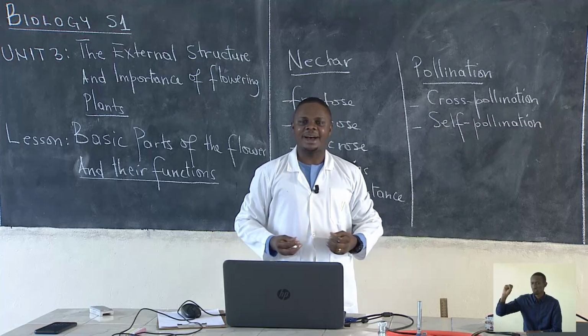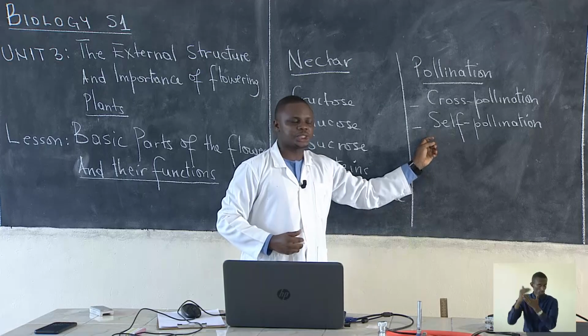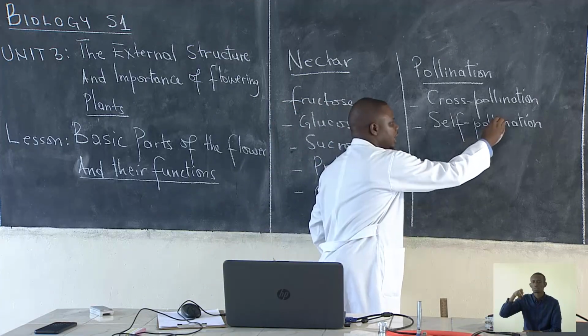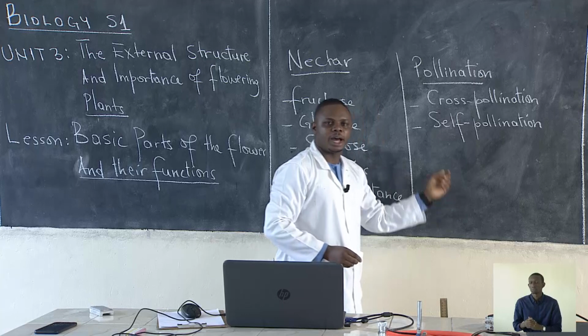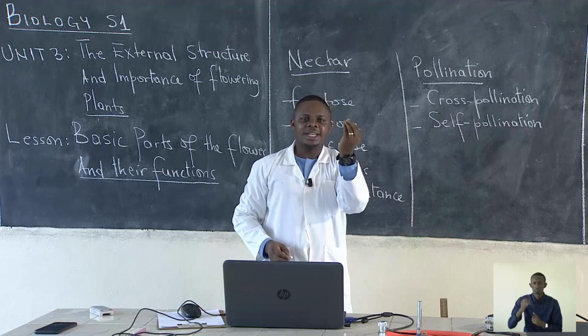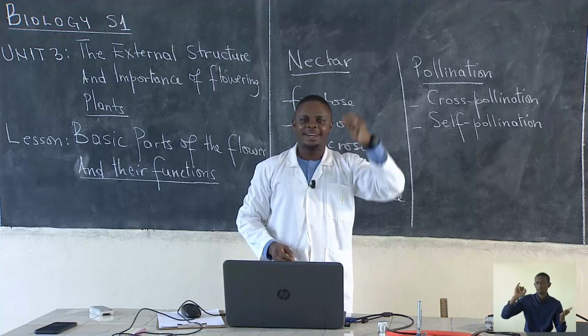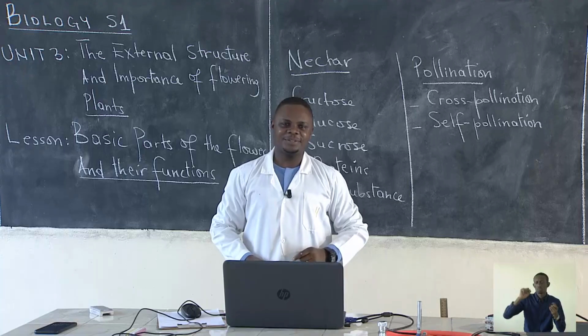And this is done by pollinators we talked about. Self-pollination is the transfer of pollen grains from anther to the stigma of one flower. One flower. You see how they are different.